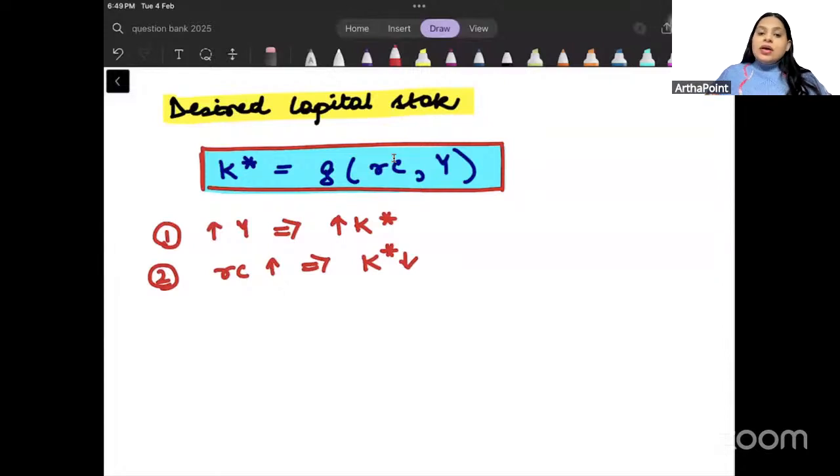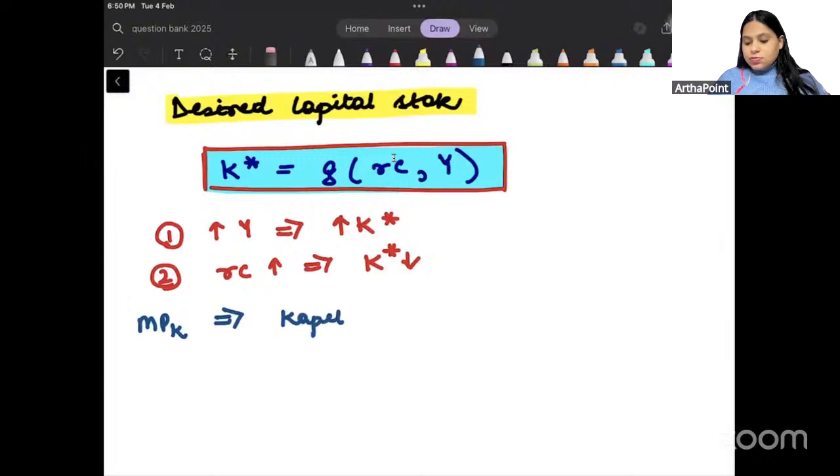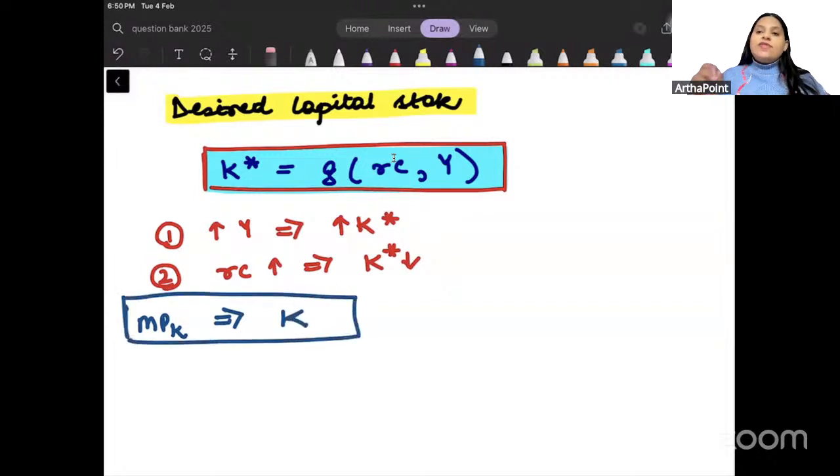ठीक है? Now, someone may ask you कि how do we show the marginal product of capital diagram? हम उसको कैसे दिखा सकते हैं in relation to capital stock, which is K. So there are two or three relationships that you have to understand. वो ही MCQs में आ सकते हैं.